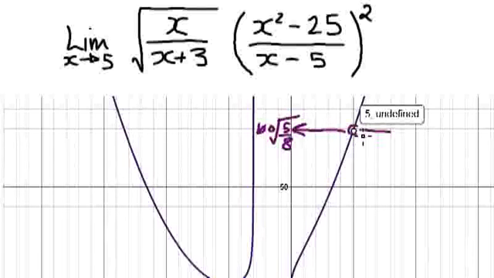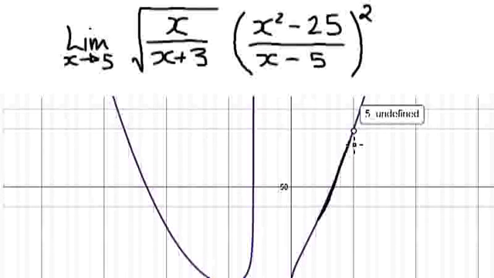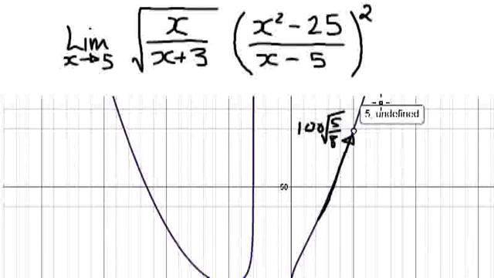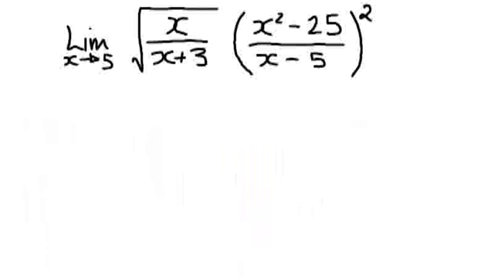The limit right here. As you approach from the left hand side, you're approaching 100 times root 5 over 8, and approaching from the right hand side, you're also approaching 100 times root 5 over 8. So the overall answer is this.